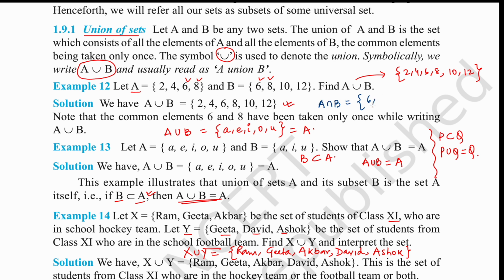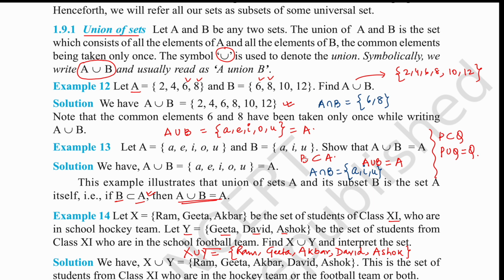It is 6 and 8. So this will be your intersection of the two sets, right? Similarly, in example 13, if you try to find the intersection of these two, so you have A intersection B. So the common elements, if you see, are going to be A, I, and U, isn't it? Now here also we try to understand an interesting fact.